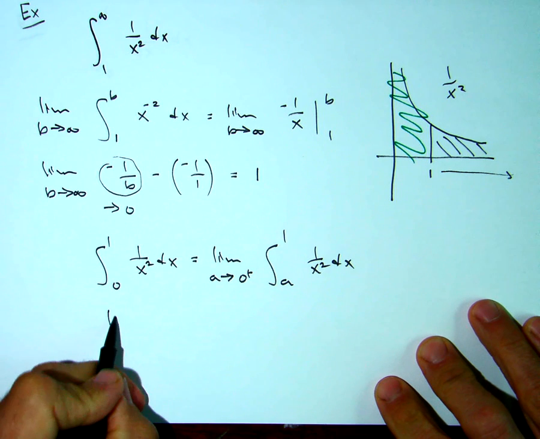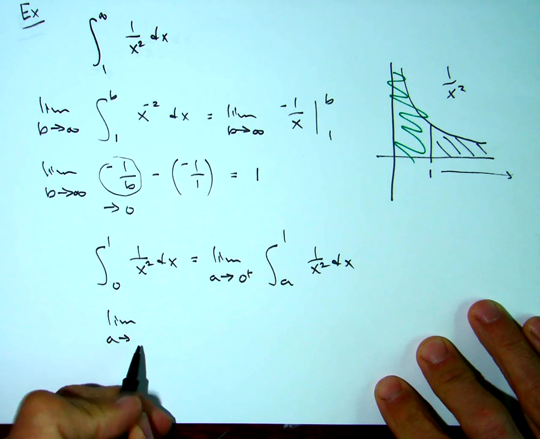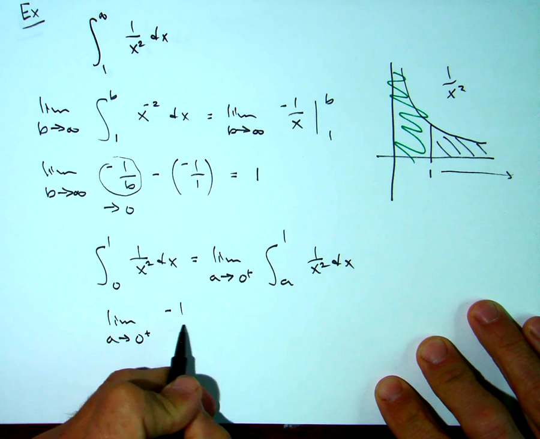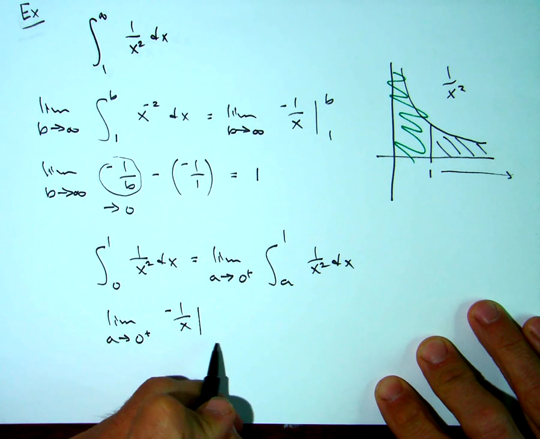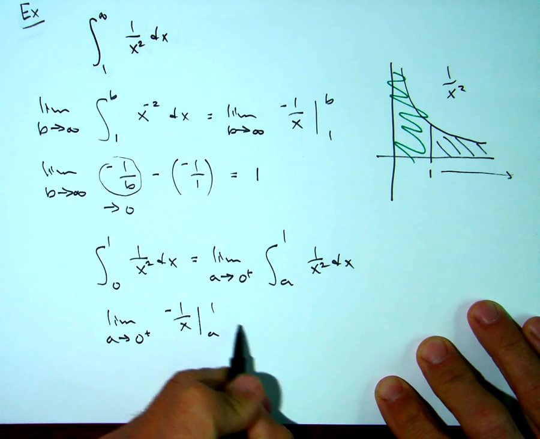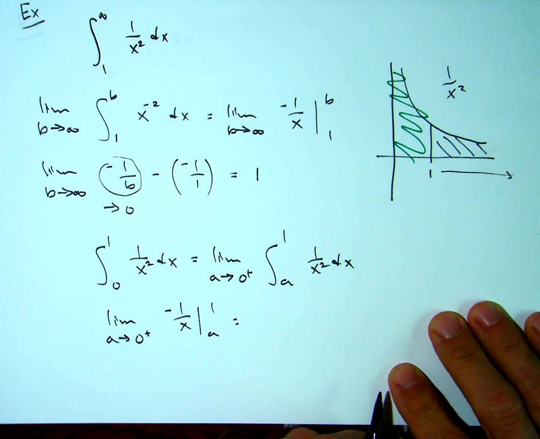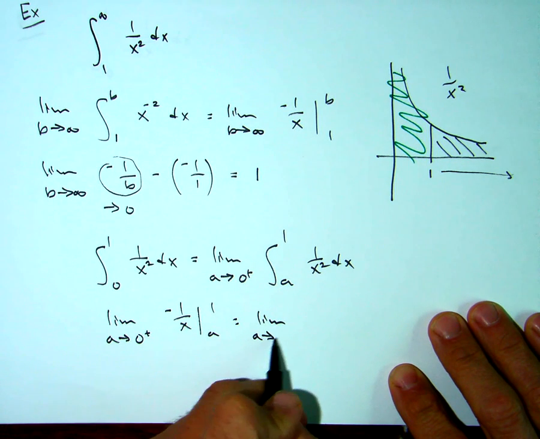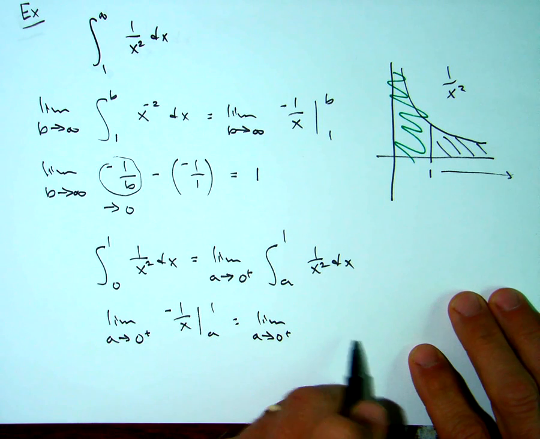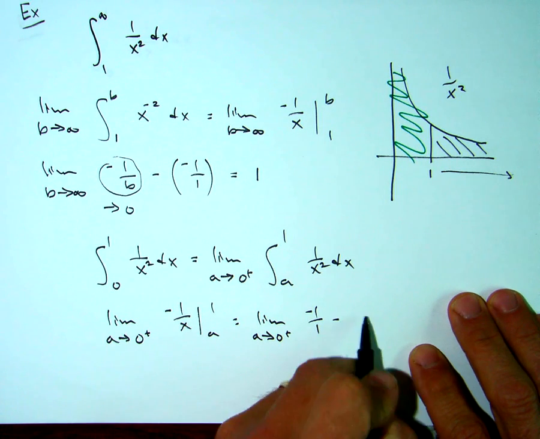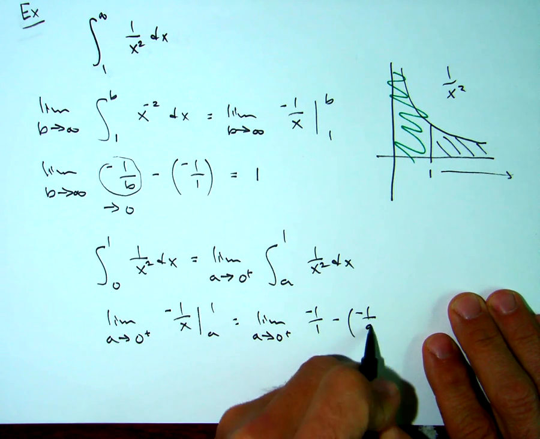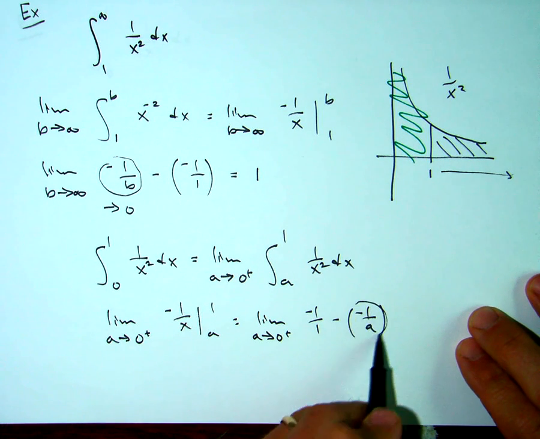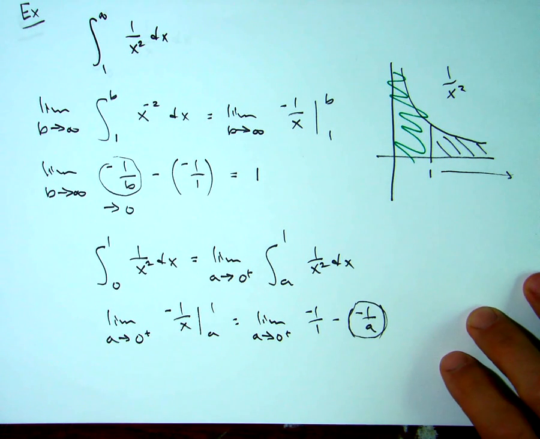So the limit as a approaches 0 from the right of negative 1 over x from a to 1. So I'm going to have the limit as a approaches 0 from the right of negative 1 over 1 minus negative 1 over a. All right, so let's just focus on this. What happens as a goes to 0?